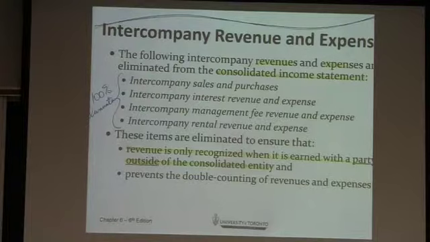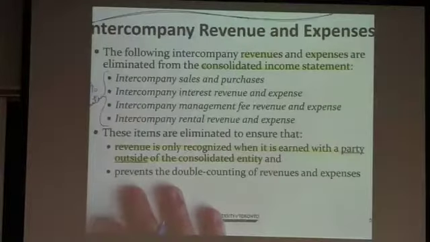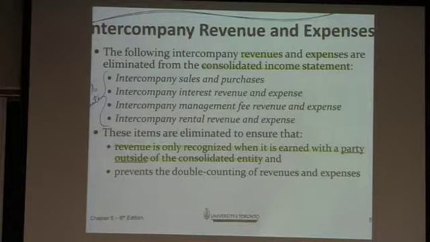For revenue to be recognized, it should be recognized based on the benefits and risks that have been transferred to an entity outside of the reporting entity. That's the reason why we have to eliminate these transactions, because by not doing so, we're inflating revenue and we're inflating expenses. Now, a lot of stakeholders, when they evaluate companies' performance, oftentimes they don't look at just the income. They look at also the revenue growth, for example, cost management.